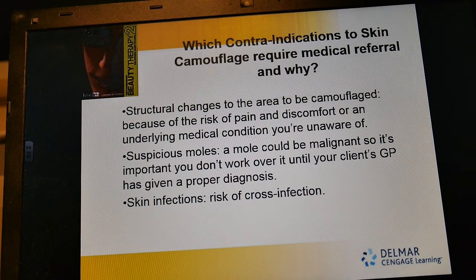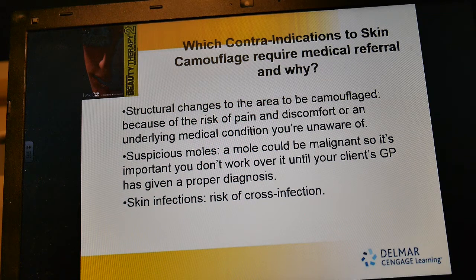Certain things, as I said, need medical referral. So obviously your skin infections, anything that is infectious and there's a risk of cross-infection, those need to be referred and you wouldn't work on them because they would prevent anything going ahead. You're also looking at structural changes.